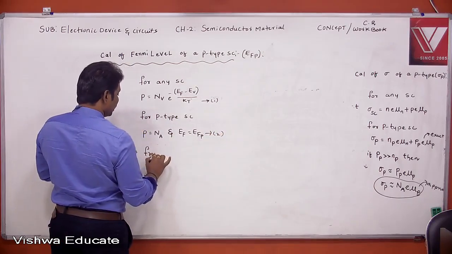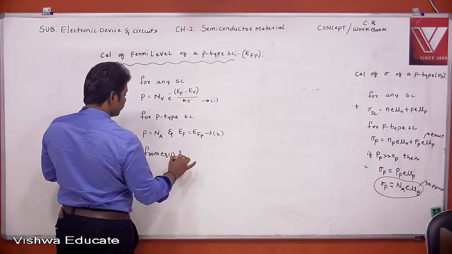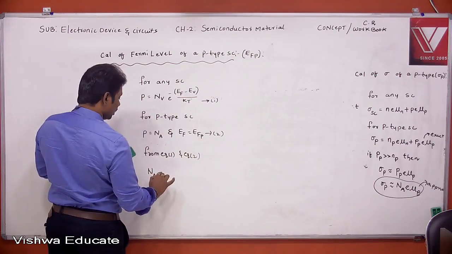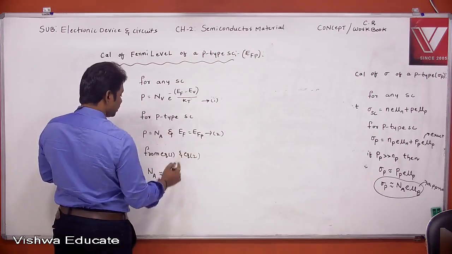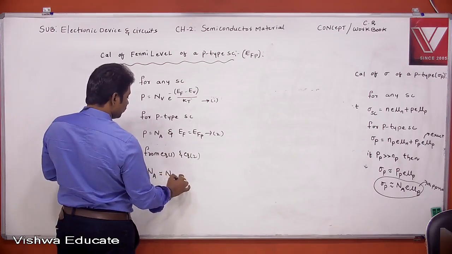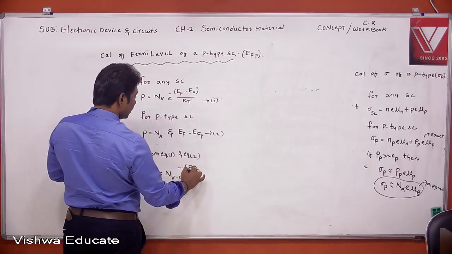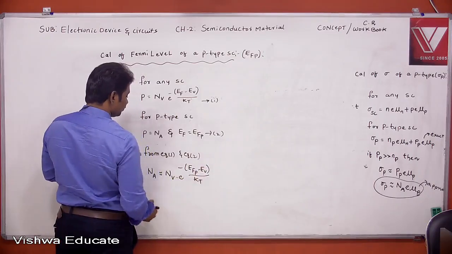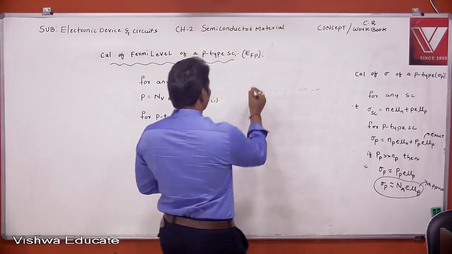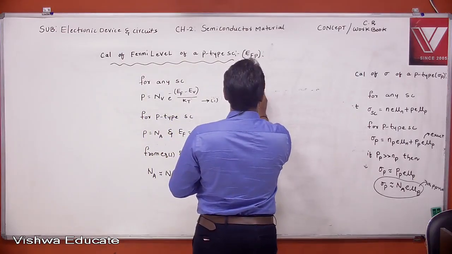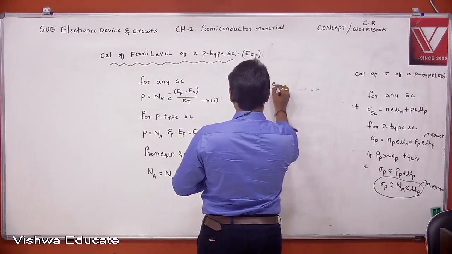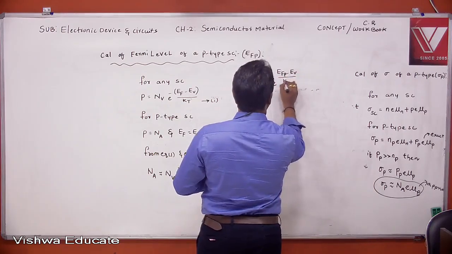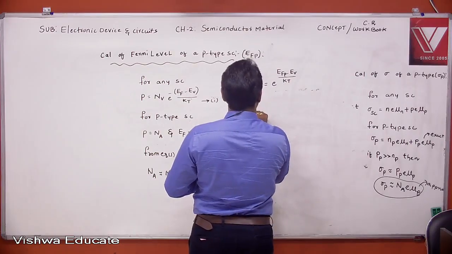From equation 1 and equation 2, the hole concentration is nothing but the acceptor concentration, which is equal to NV into e power minus (EFP minus EV) by KT. Now from this, NV by NA is equal to e power (EFP minus EV) by KT. Take logarithm on both sides.